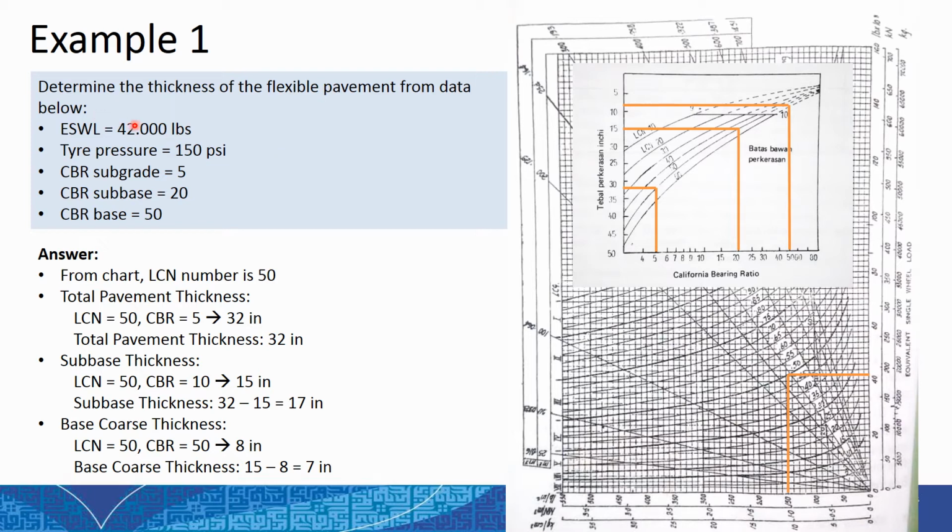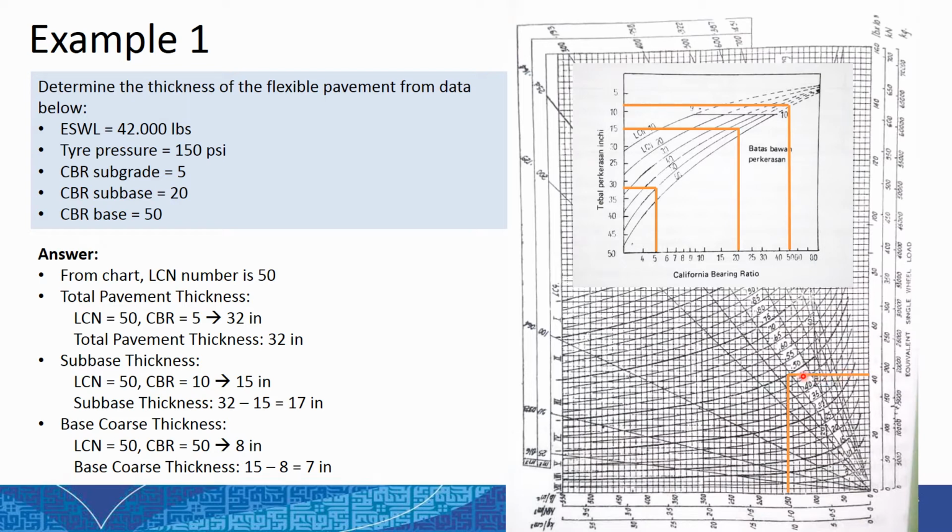So we just plot it around here, because this is in thousands, so we plot it at 42 here, and then we project it horizontally.